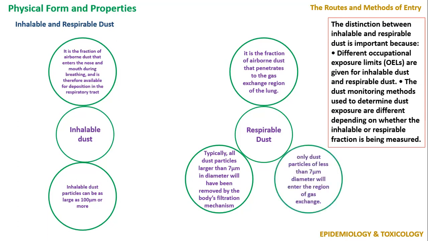Only particles less than 7 microns in diameter will enter the region of gas exchange. So if it is less than 7 microns, then it can enter into the gas exchange region of the lungs.